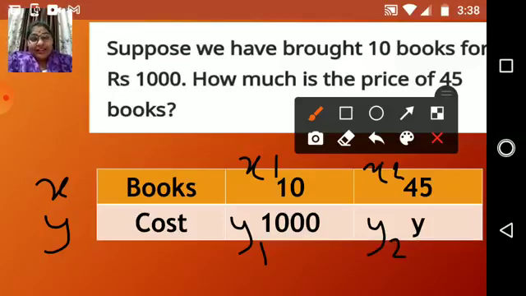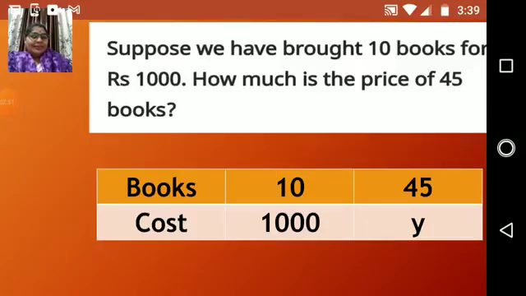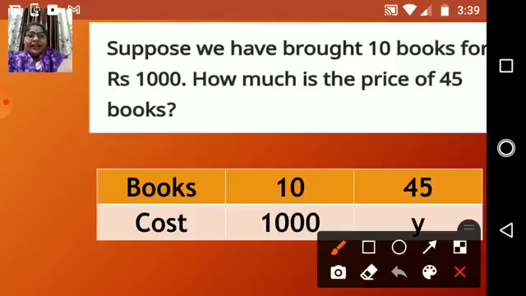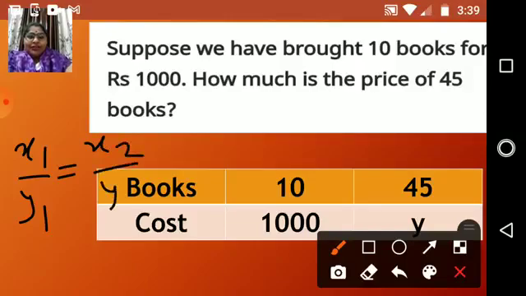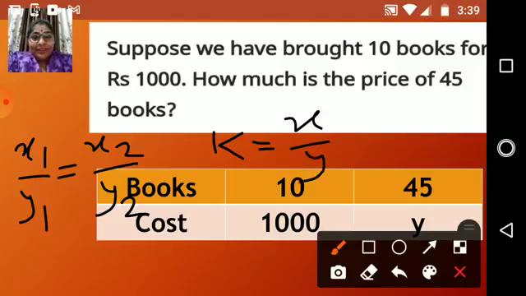If the quantities are in direct proportion, children, I can say X1 upon Y1 is equal to X2 upon Y2. Is this clear? And K, a constant, will be equal to X upon Y. This you have to remember when you are solving such examples of direct proportion, children.